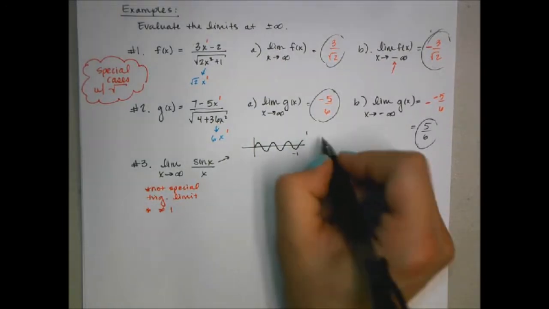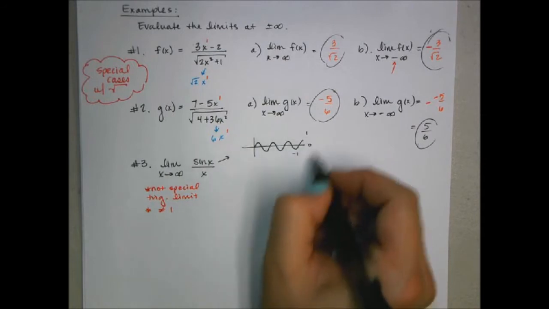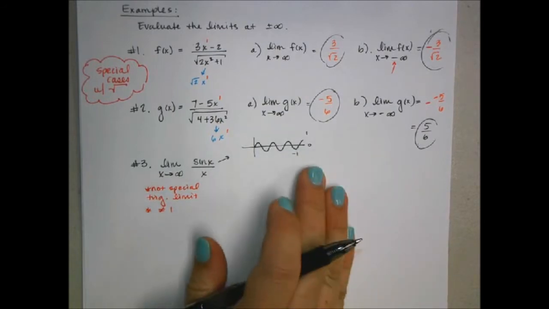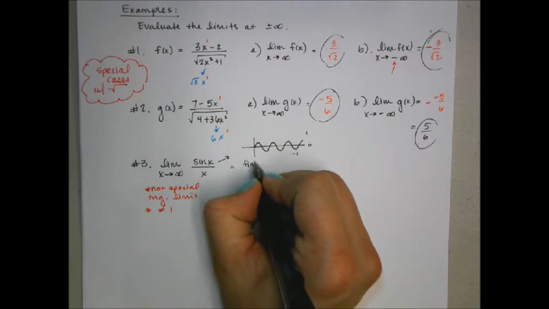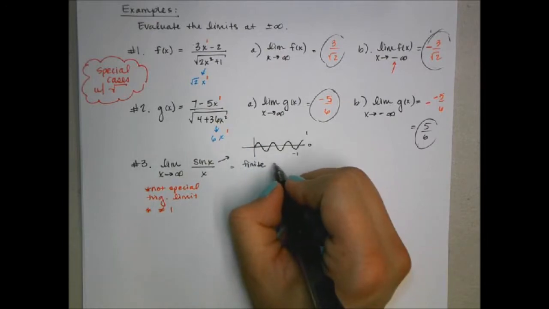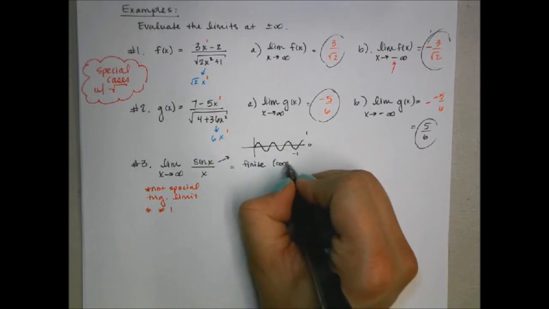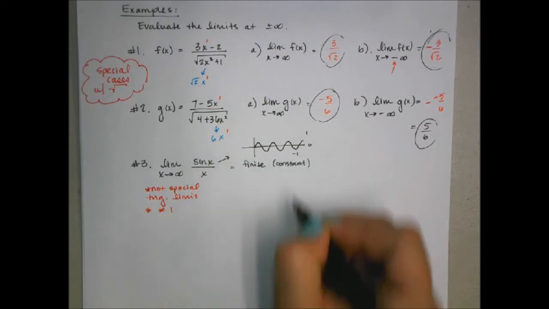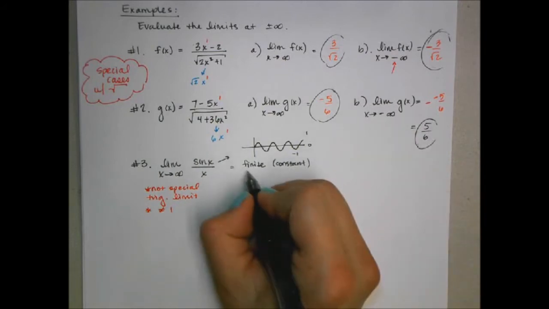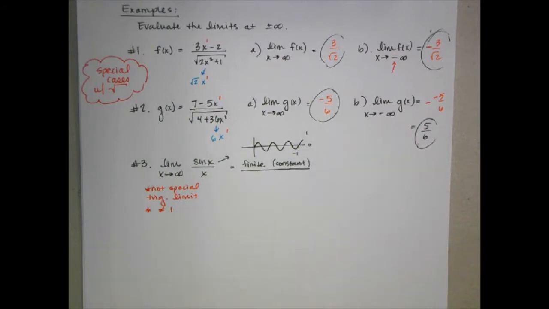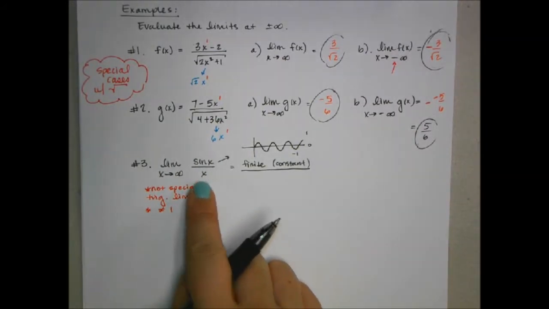It could be 0 or anything in between. The key here is that the top is a finite value, similar to saying it's a constant. We would get some number out of the top. It could be 1, 0, negative 1, but it stops. It doesn't keep growing.